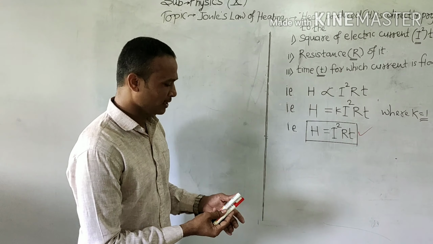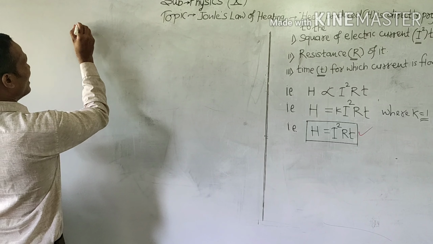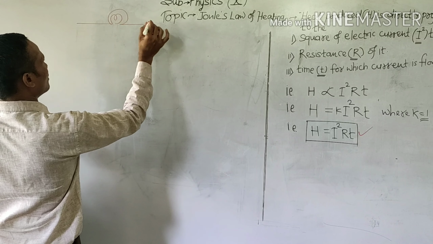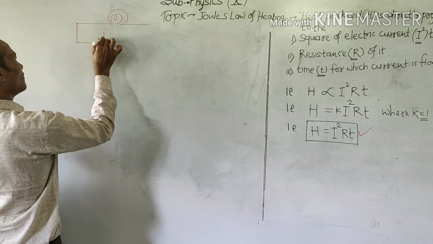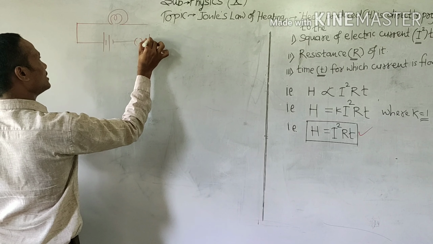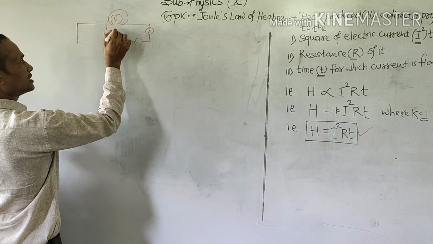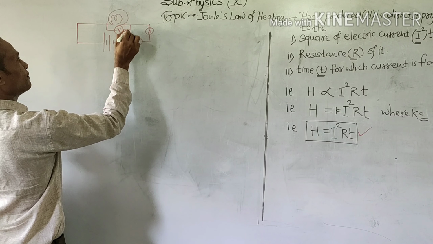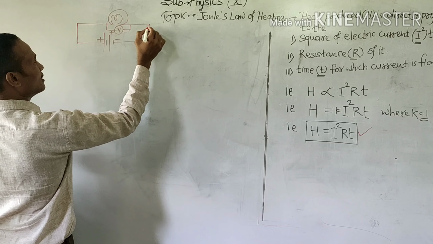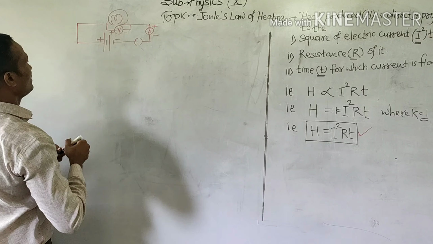So how to prove? It's very easy. We'll consider a simple circuit. There is a device, say for example a bulb, connected across a battery, with a key and an ammeter if you wish to keep it. To measure the voltage, we can have a voltmeter in parallel, with plus and minus terminals.